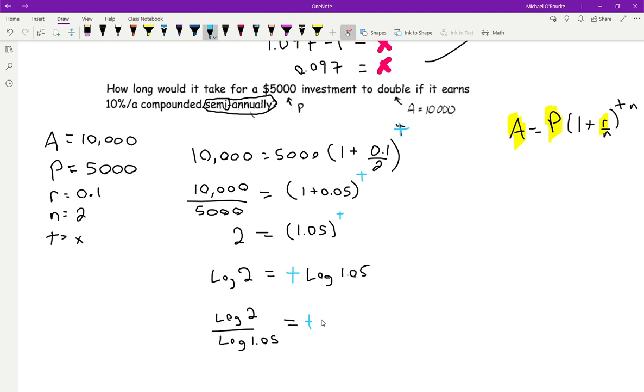Can we type that in our calculator and get an answer for me? Now, the reason I bring it over there and make it a divide is if you look here, it's t times log. So if it's a multiply on this side, I bring it over and it becomes a divide. So when you have your answer, type it in the chat there and we'll take a peek at it.